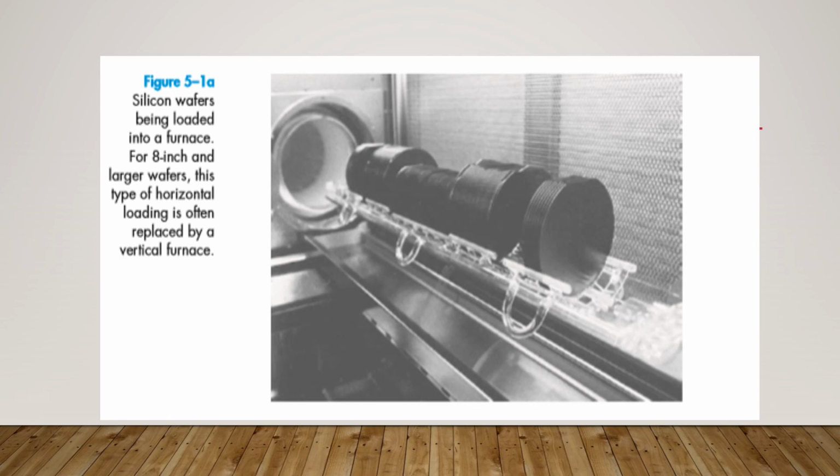Solid sources are placed in the silica tube upstream of the sample or in a separate heating zone of the furnace. Gaseous sources can be metered directly into the gas flow system, and with liquid sources an inert gas carrier is bubbled through the liquid before being introduced into the furnace tube.